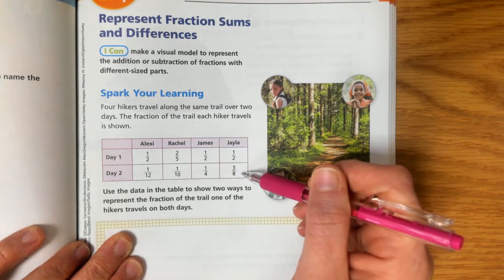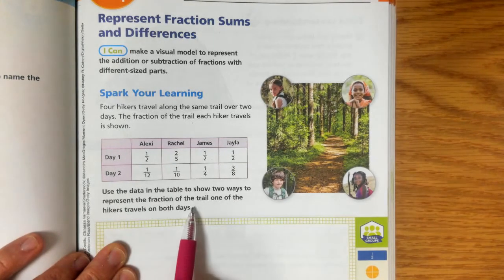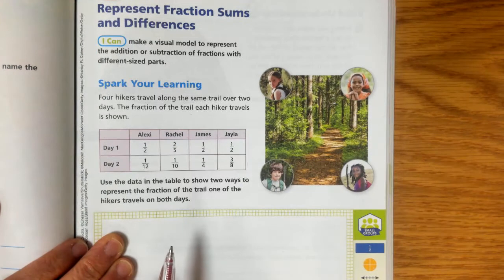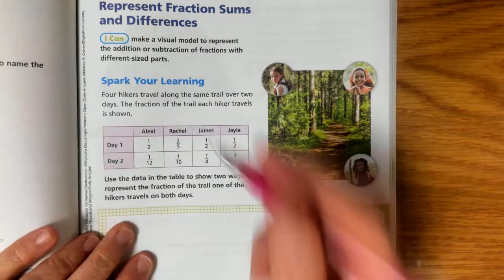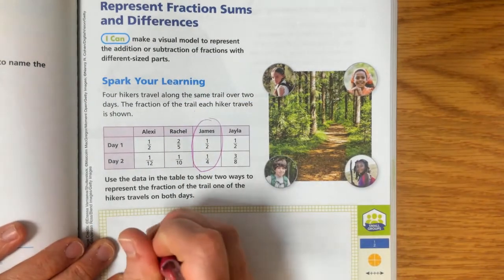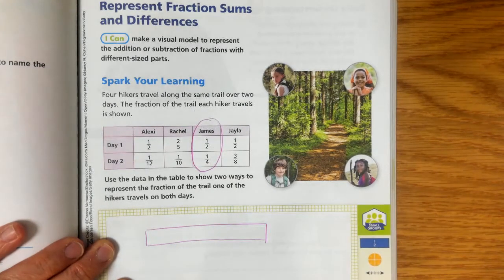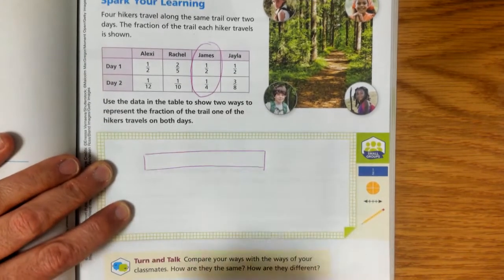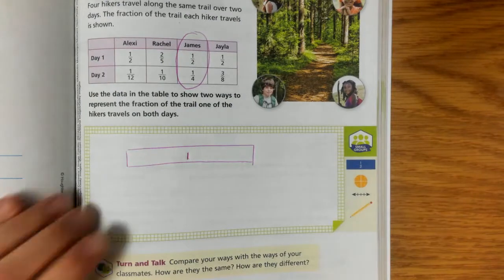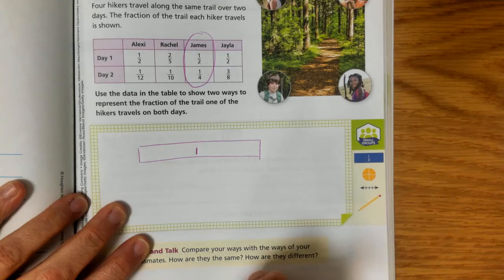And day 2, 3/8. So we're going to use the data in the table to show 2 ways to represent the fraction of the trail one of the hikers travels on both days. So let's look at James. We're going to start with him. If we used a bar model to model the fractions, and this was one whole, on day 1, how far would he have traveled?